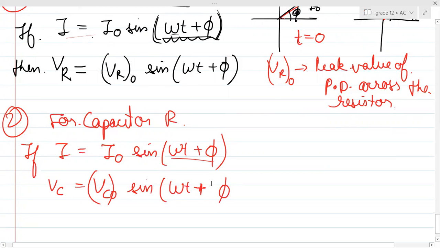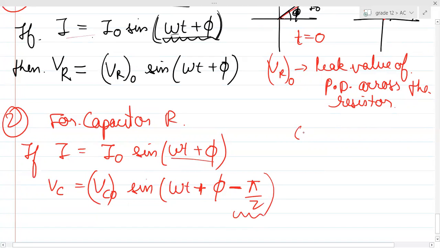Now, can anyone tell me in the case of a capacitor what was leading and what was lagging? Current was leading. So if the current phase is omega t plus phi, then the capacitor's potential difference phase will be pi by 2 behind. Can you see over here, I made minus pi by 2. Why did I write minus pi by 2?